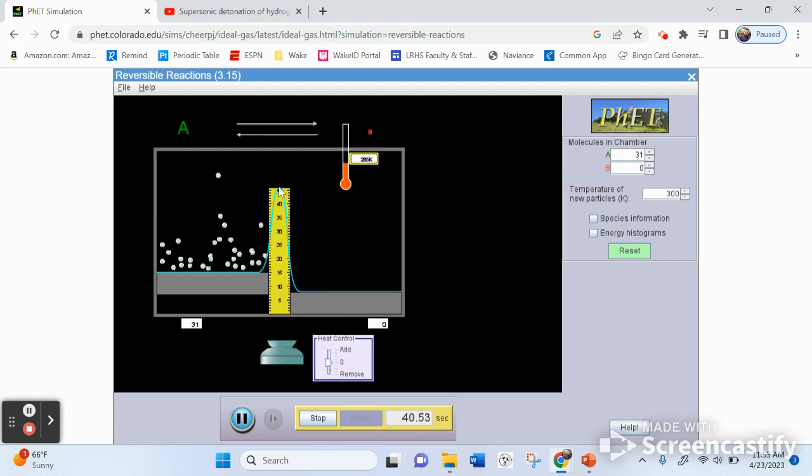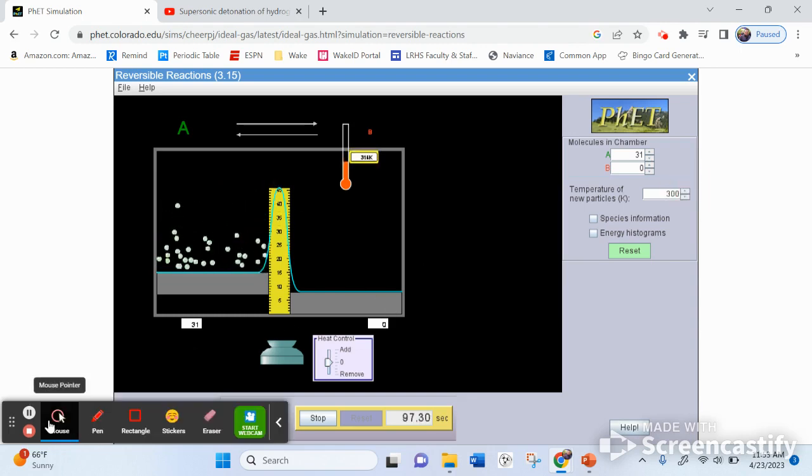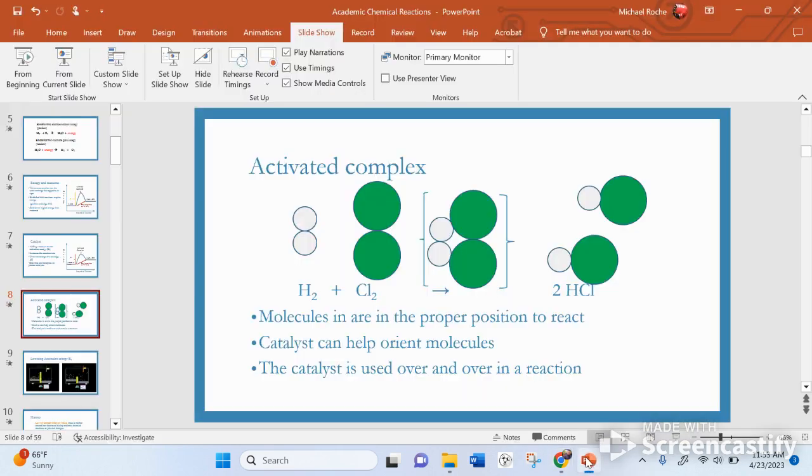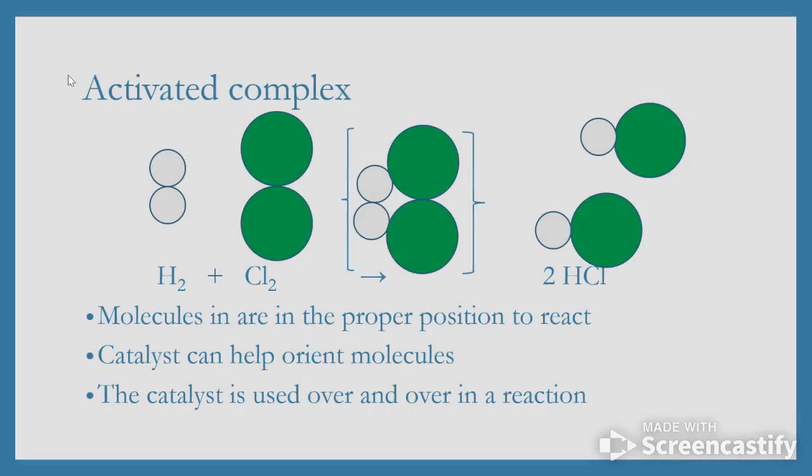And if the catalyst is going to decrease the activation energy required, there it is. Now more things can happen. So that's what a catalyst does: it decreases the amount of energy needed to get over that hump.